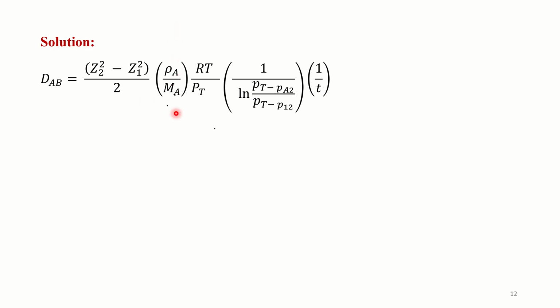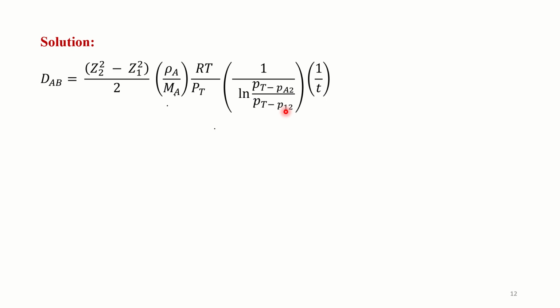Then density is given. Molecular weight you are supposed to know: benzene molecular formula C6H6, from there find out the molecular weight and substitute here. It can be taken as 78 kg per kilomole. Then R value, so here also I am going to take the value 0.08206 meter cube atmosphere per kilomole Kelvin. T, temperature, in Kelvin is substituted, and PT is the total pressure in atmosphere. Then PA1 and PA2 data. PA1 can be taken from the vapor pressure data of liquid benzene. PA2 refers to the partial pressure of benzene vapor at the top surface of the tube.